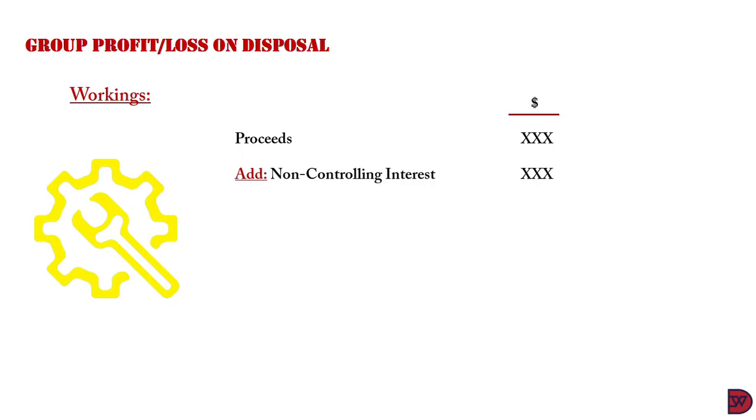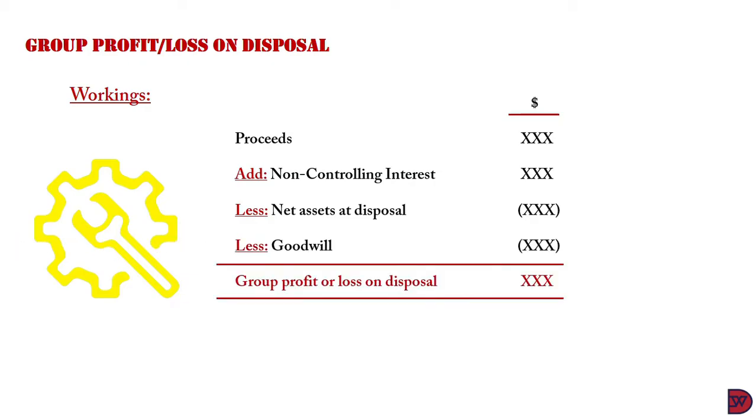Then we add the amount of the non-controlling interest. Then we less the net asset at the time of disposal. Net asset is total asset less total liabilities as at the point of the parent selling off its shares. Then we less goodwill. That will give us a group profit or loss on disposal.